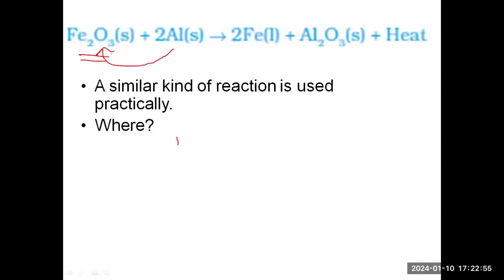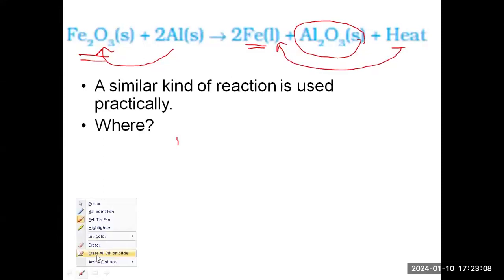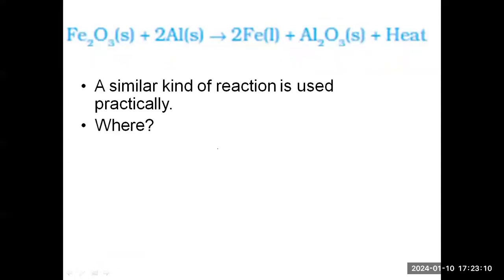So aluminium, being more reactive than iron, displaces it, converting into aluminium oxide, and iron is free. Again, the heat produced here makes the iron melt. So this reaction is used in welding.